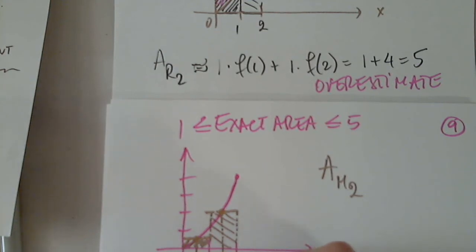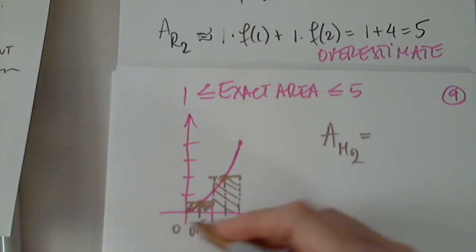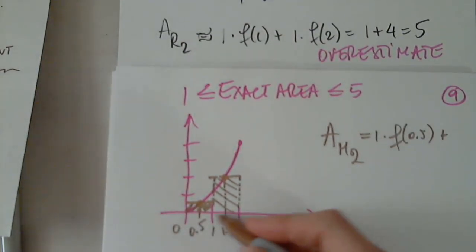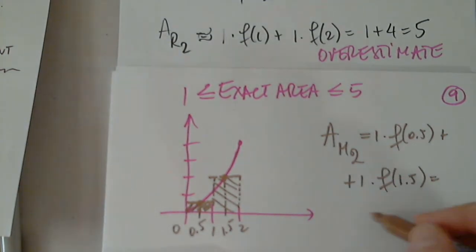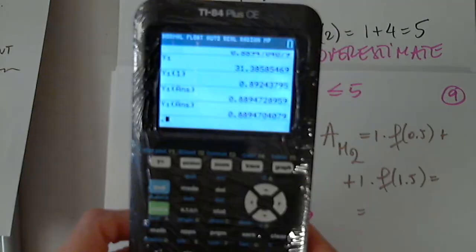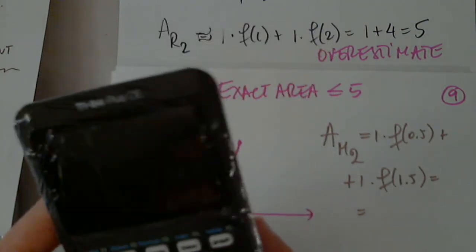So if this is 0, 1, and 2, this is 0.5, and this is 1.5. So the area with the midpoint and 2 subintervals will be base of the rectangle, 1, times f of 0.5, plus base of the rectangle, 1, times f of 1.5. So 0.5 squared plus 1.5 squared. 2.5.